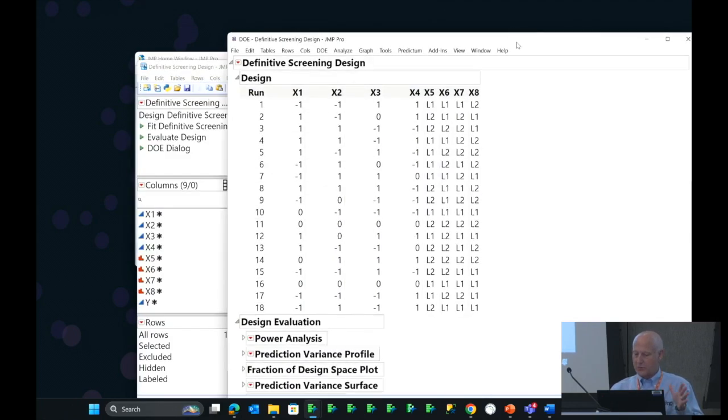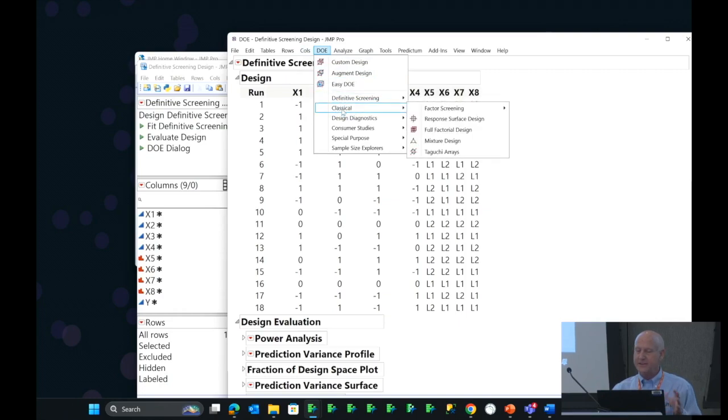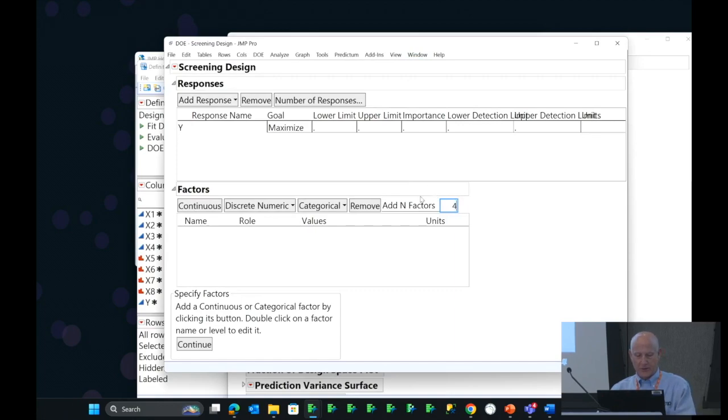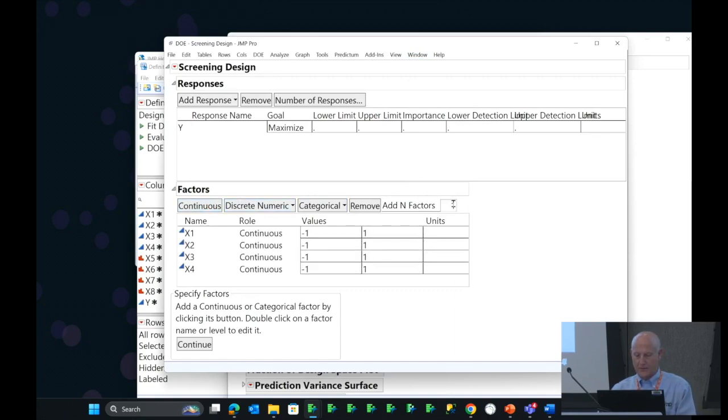Okay. I know I'm trying to get this all in 15 minutes on modern screening. Let's go back and now do, and this is well hidden, under classical factor screening, screening design. And again, I'm going to have 4 continuous factors and 4 categorical. This time I am going to pick 2 levels.